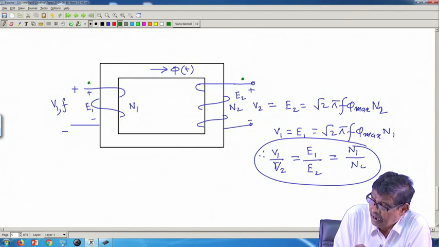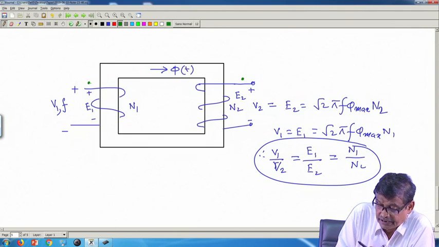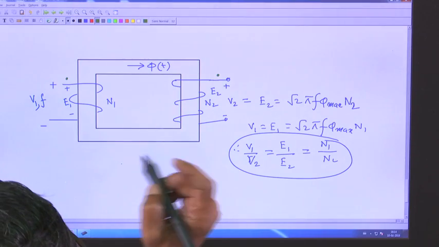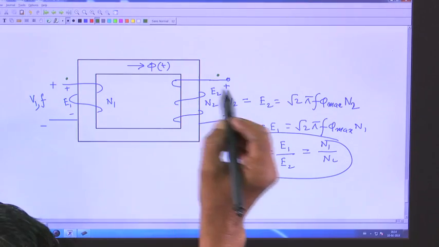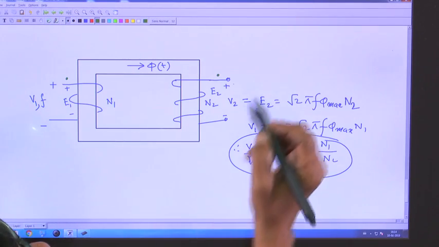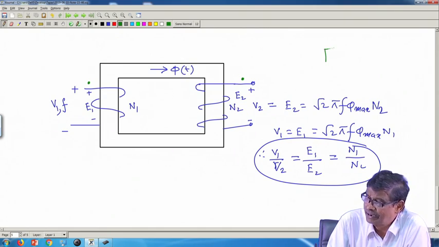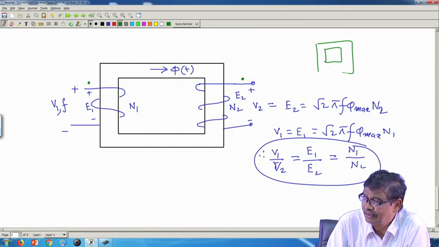Now, I must also point out, I have drawn the core material and the coils, primary coils and the secondary coils, rather carefully. What do I mean by carefully? Suppose you have a magnetic circuit like this, you draw the coils like this.